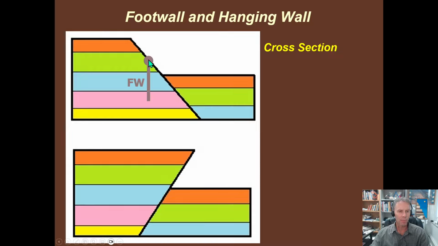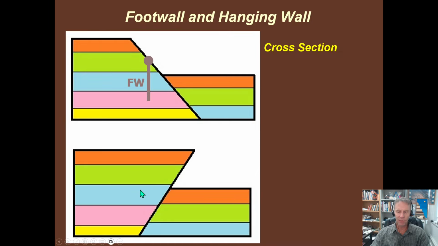And then drag your pencil or your thumb or your finger down vertically. And in this case, you're in the footwall. So if you look at these in cross-section view, which is the way we have to look at these to see the offset, if you drag your pencil straight down, that puts you in the footwall. So this whole side of this block here is the footwall of this fault. That would make, of course, the other side of the fault the hanging wall.